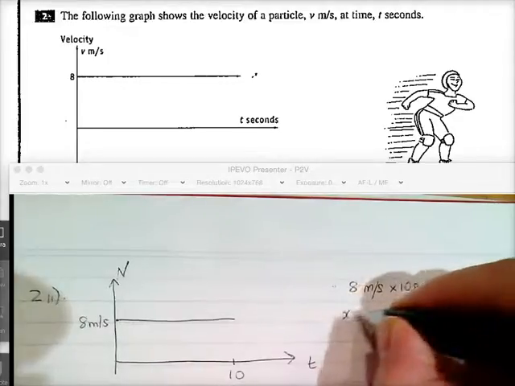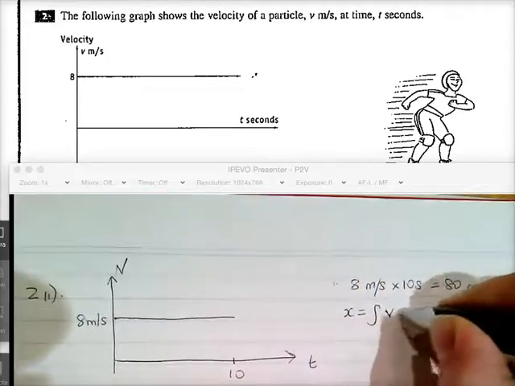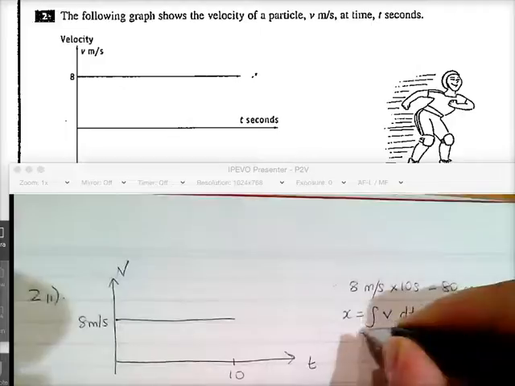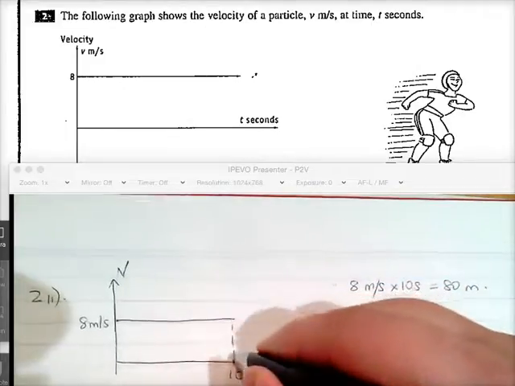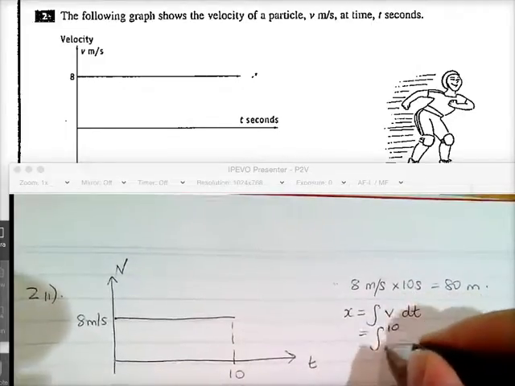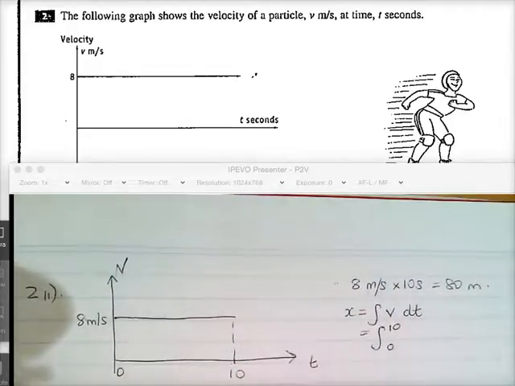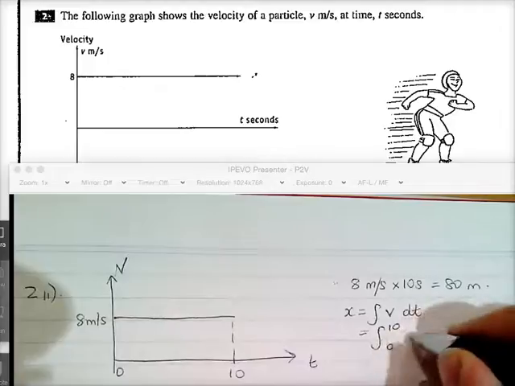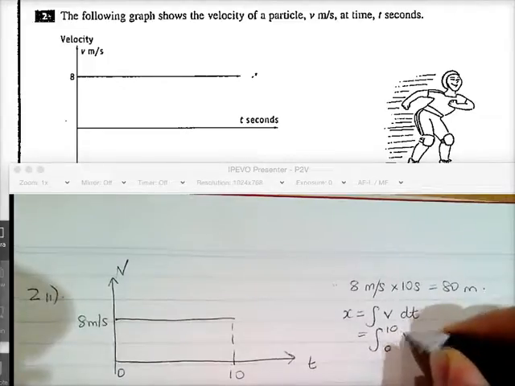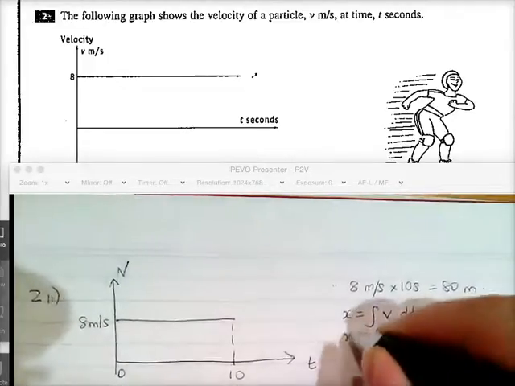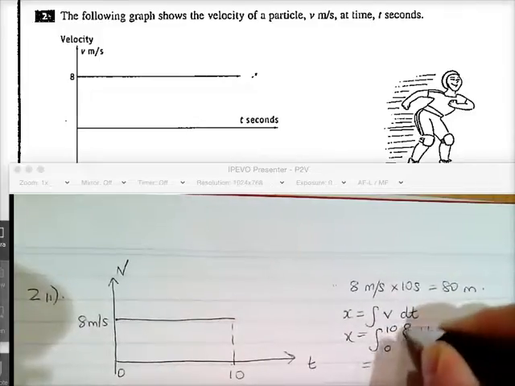Notice that x, or displacement, is the integral of the velocity curve. So therefore, it's actually the area underneath the velocity curve between time 10 and 0. So integral from 10 to 0 of v dt. Now v happens to be 8, okay?